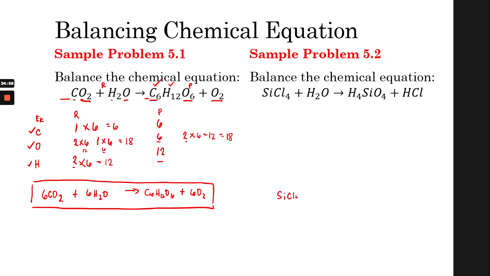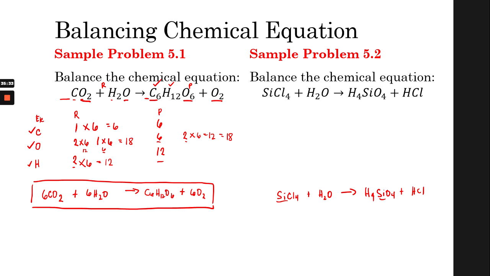I have SiCl4 plus H2O, and I end up with H4SiO4 plus HCl. I'm going to begin with Si. For Si, I have one silicon in my reactant and one silicon in my product. So I don't need to change this here.